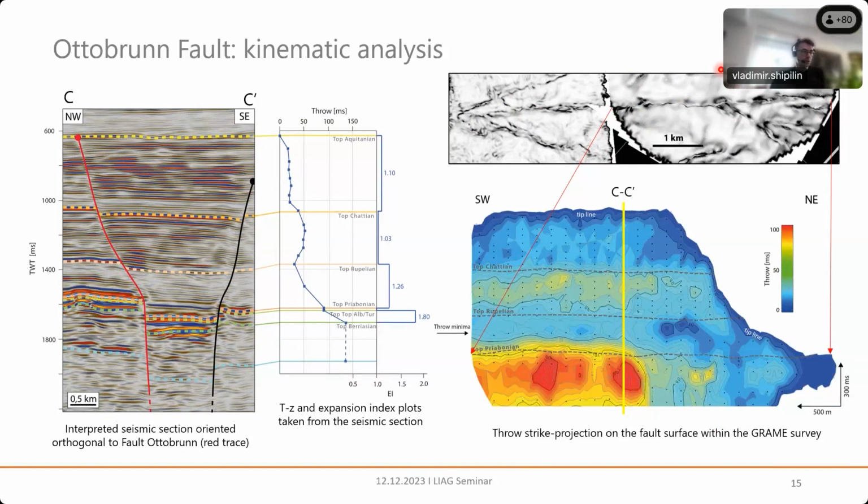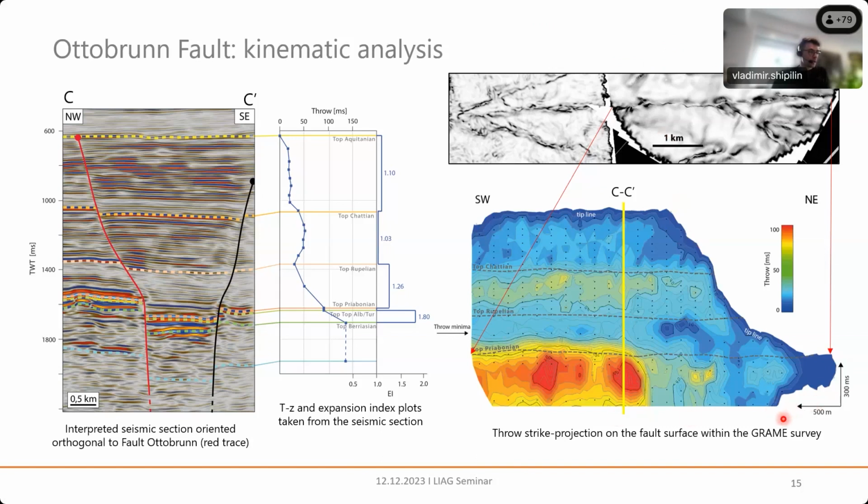That's our temporal constraints. So what about the fault evolution in terms of spatial evolution, in terms of geometric evolution? For this, I looked at the throw distribution along the fault, which is represented by this figure.